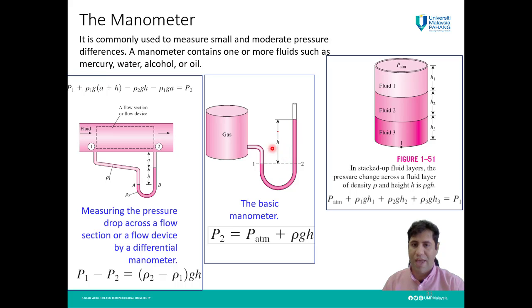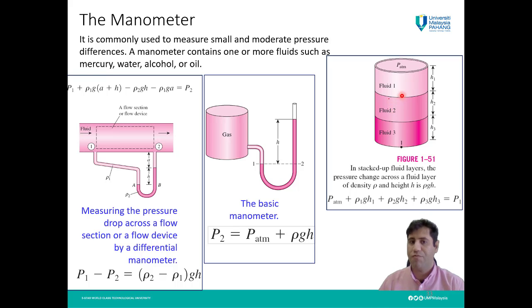So this H is due to the pressure difference between the inside of the tank and the atmosphere. So P at point 2 will be equal to P atmosphere plus rho G H. By this we can find P2.